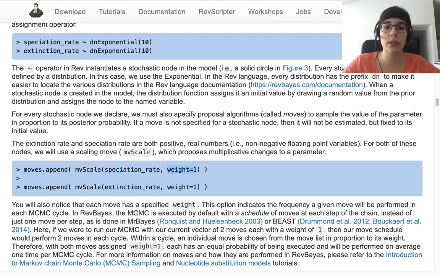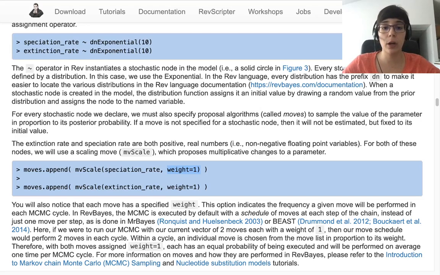Now this weight is going to be defining how often a particular move is going to be used during the analysis. What happens is basically all the weights for all the moves defined for a given analysis are added together, and then a move is used in proportion of its weight divided by the sum of all the weights for all the moves, essentially.